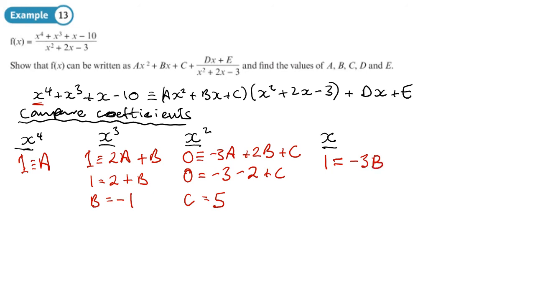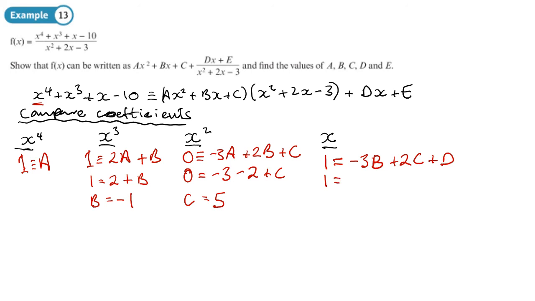So minus 3b is an x term. Another x term I would get by doing this c here times by the 2x. I'd have 2cx, so I'd have plus 2c. Then there's the only other x term there, d, so plus d. Those would all be the coefficients of the x terms.